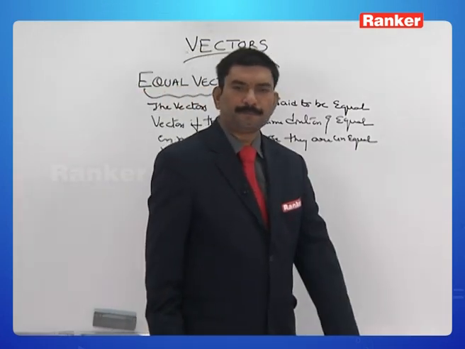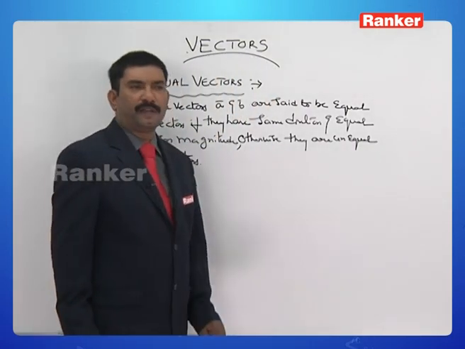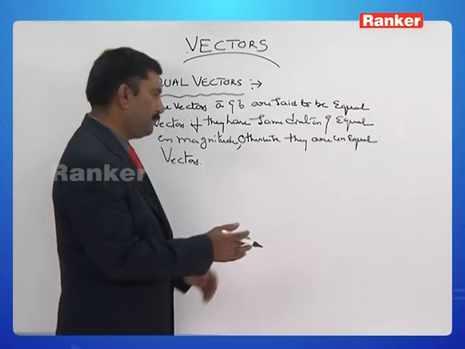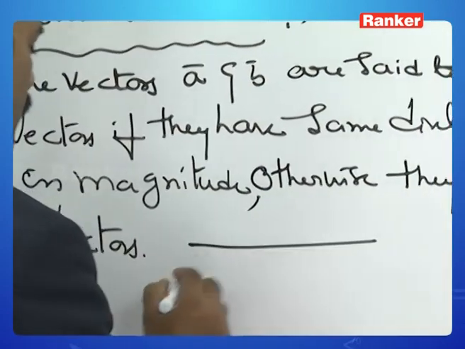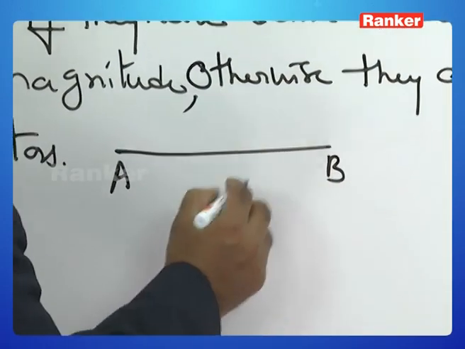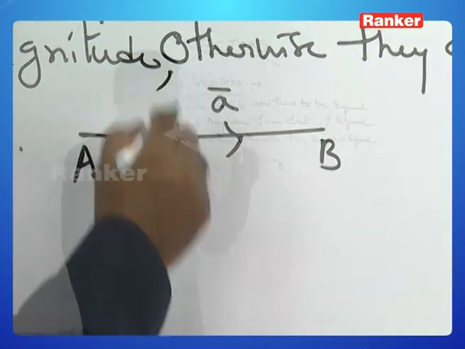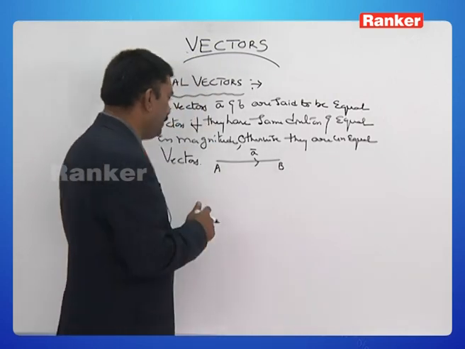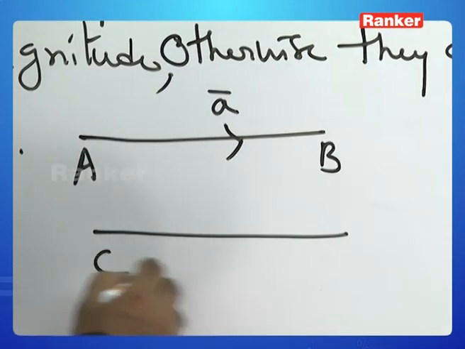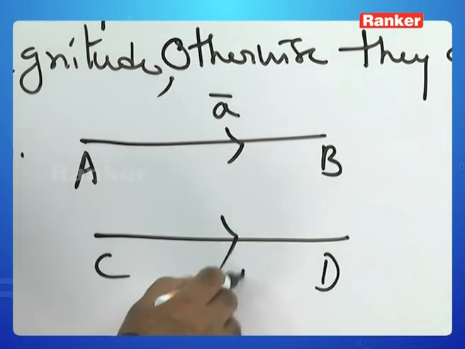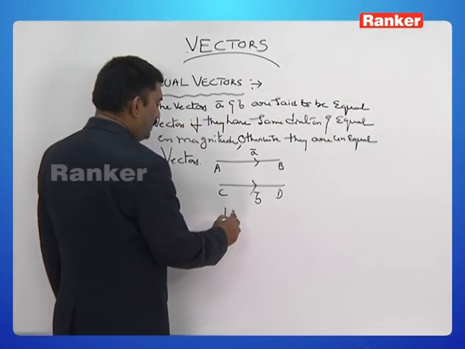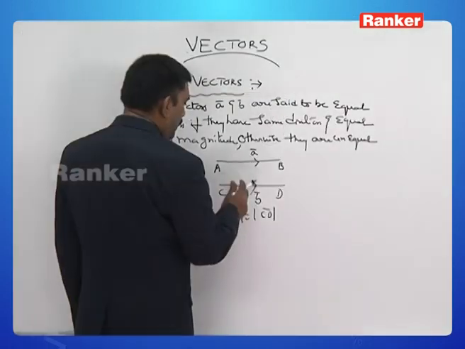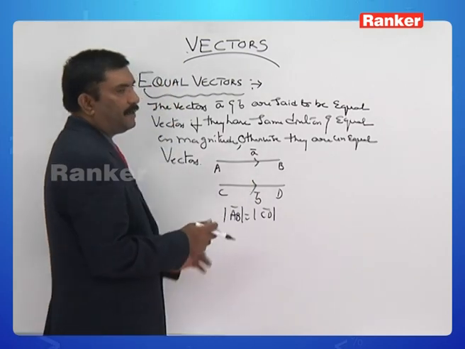Unequal vectors. I told you about two vectors, A bar and B bar. Let us say this is A bar, this is B bar, and this is CD bar. The modulus of AB bar is equal to the modulus of CD bar, and the directions of A bar and B bar are the same.